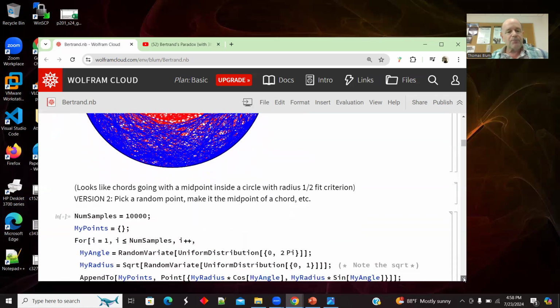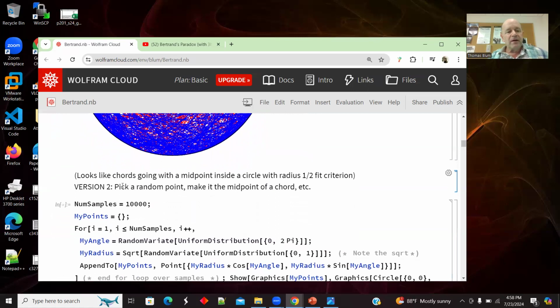In version 2, they say, take a random point in the circle and then make that point the midpoint of a chord, and then find out if that chord is larger than or smaller than the side of the equilateral triangle.